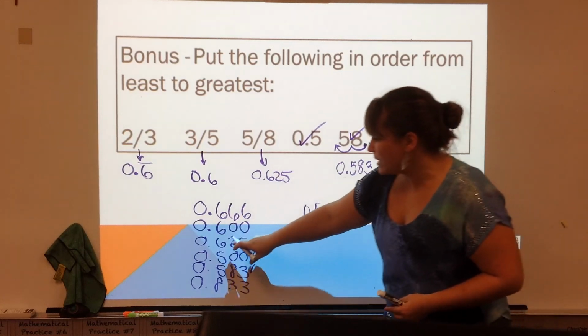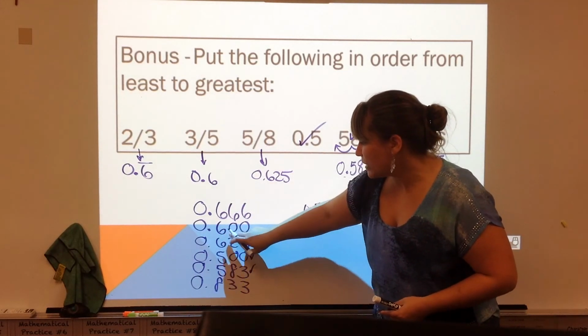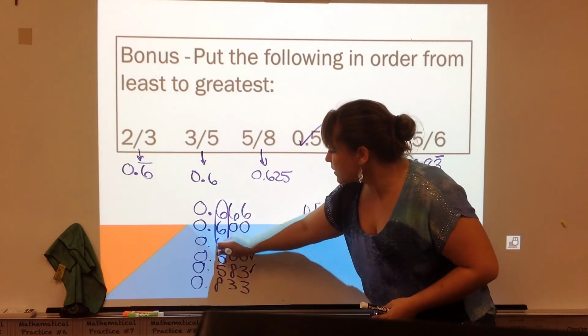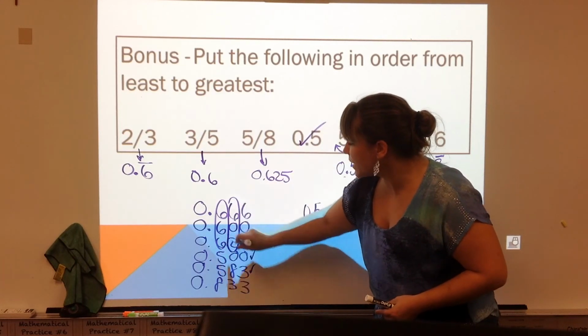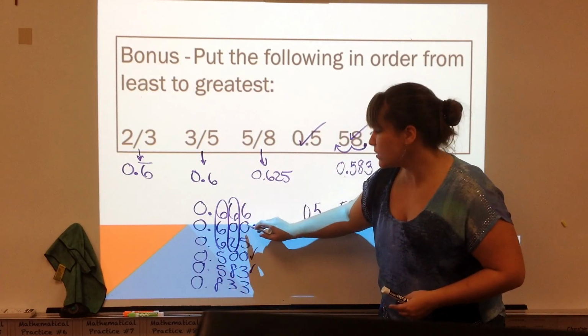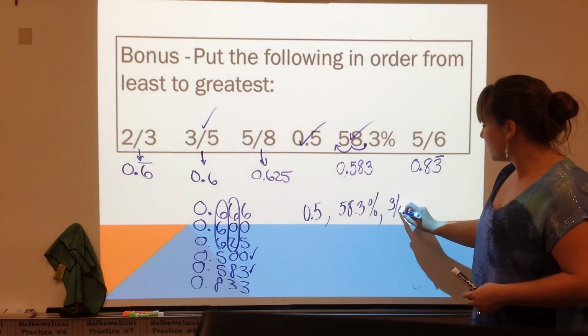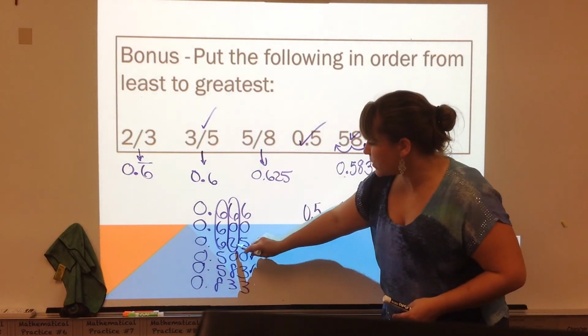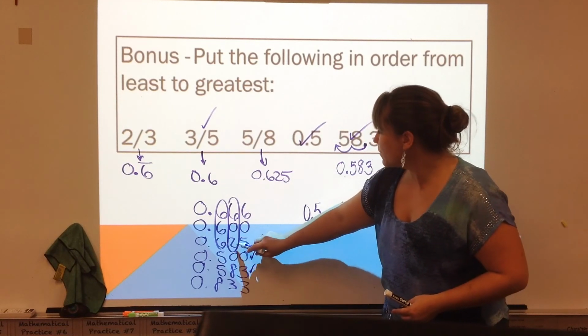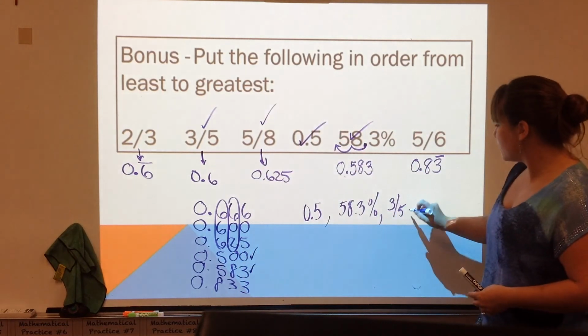Now I get to look at my 6's. I'm looking at my 6's. Now I have to look to the right. My 0 is the smallest, so that was referring to 3/5. Now the next number bigger is that 2. That is referring to 5/8.